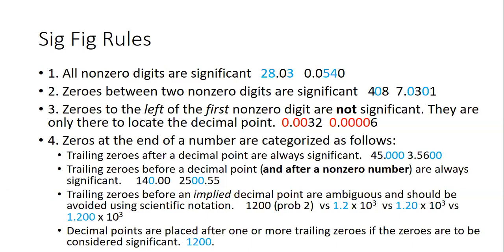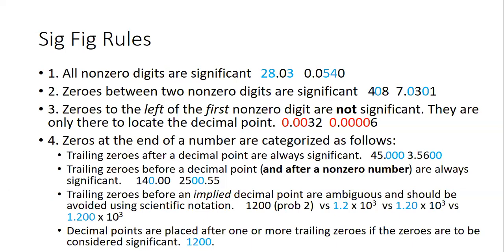And so when scientists report numbers, they report numbers that they're only confident in. You can't just report all the numbers from a calculator because you aren't confident all those numbers are real. You can only report the numbers you're confident are real, right? And so the numbers scientists feel are correct based on their instruments, we call these significant figures.